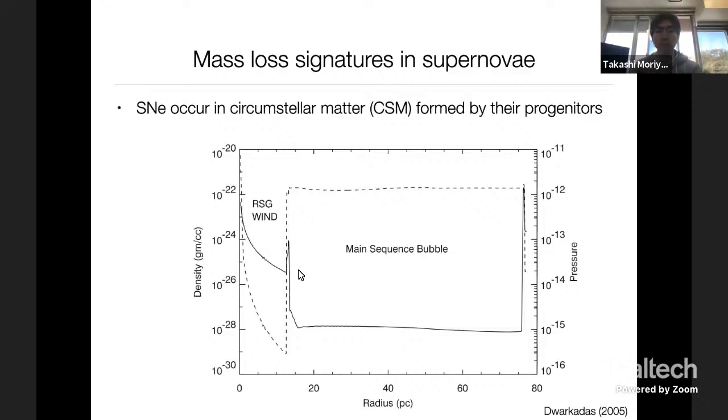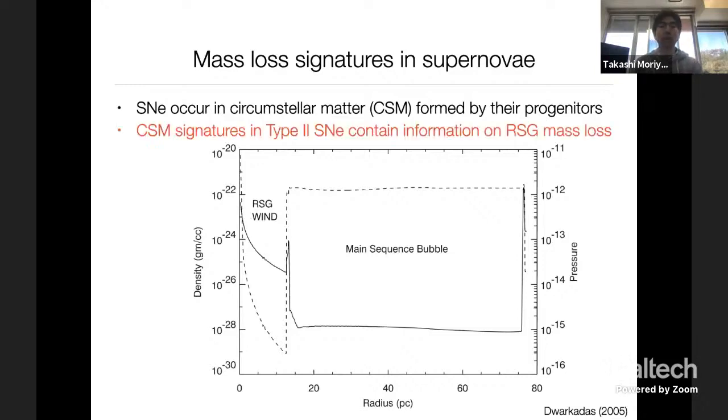Of course, the material lost during the main sequence goes further away, and just on top of the supernova progenitor, there will be the wind formed through its supergiant phase. So when the supernova from a red supergiant explodes, the supernova ejecta hits the circumstellar matter formed during the red supergiant phase, which means that if we can find some circumstellar matter signatures in type 2 supernovae, then we can get information on red supergiant mass loss through type 2 supernovae.